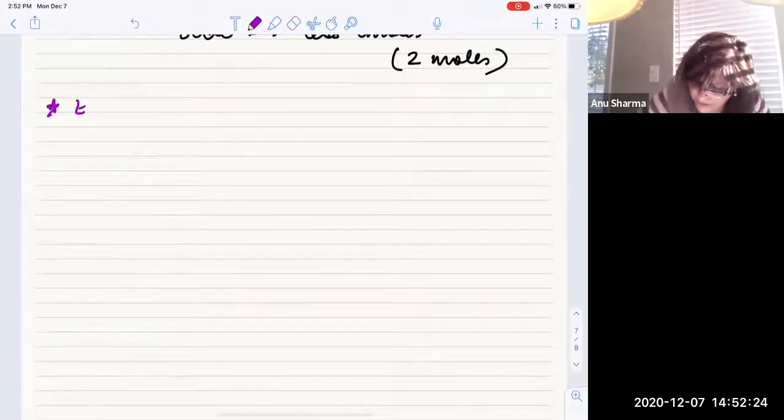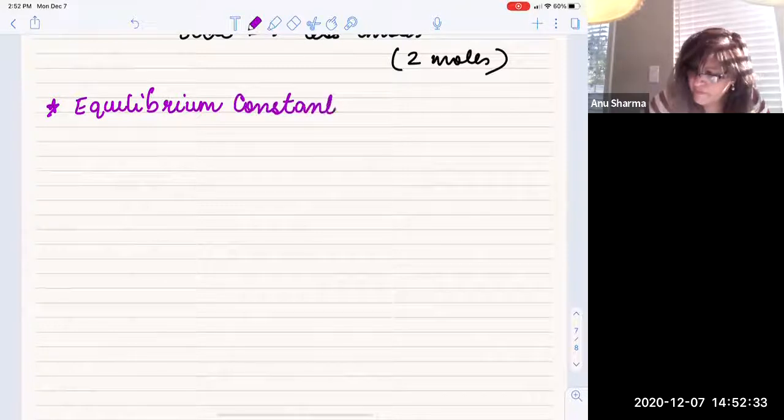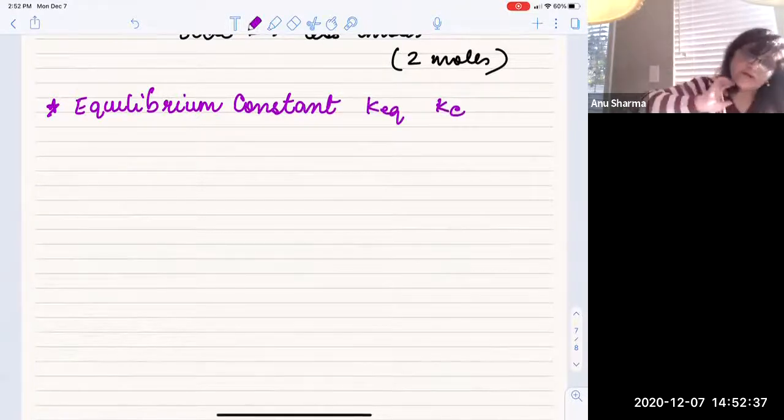The equilibrium constant, Keq or Kc, it's the same thing, okay?